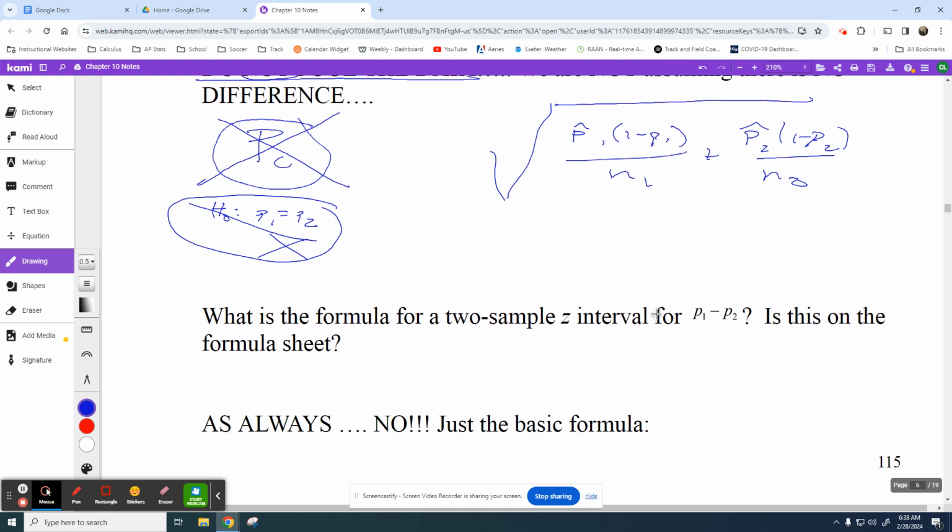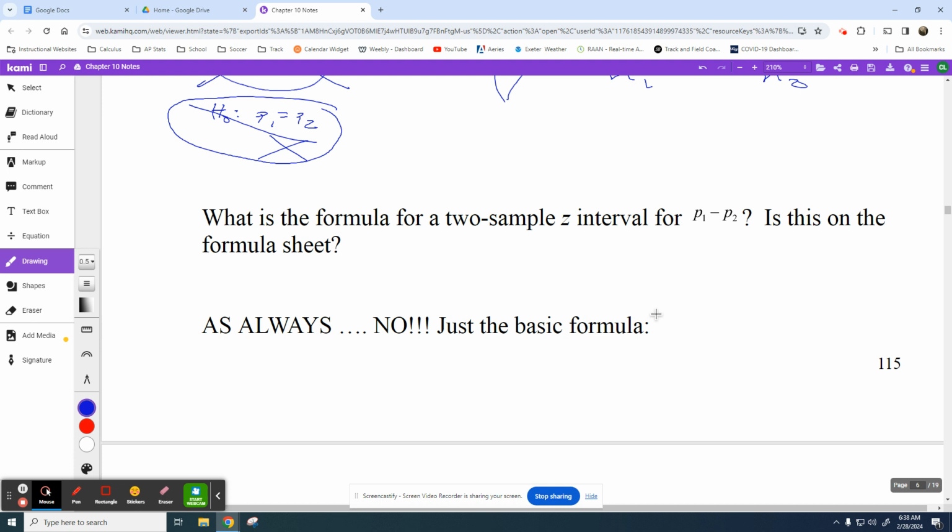So we're back to confidence intervals, back to state, plan, do, conclude. Don't forget, as always, the formula is not on there. Just the basic formula, which is point estimate plus or minus critical value times our standard error. That's the formula they give you.